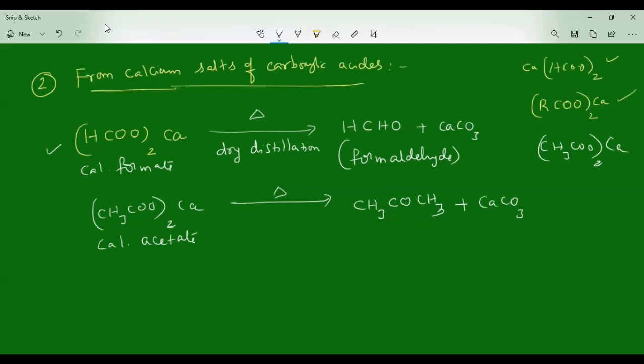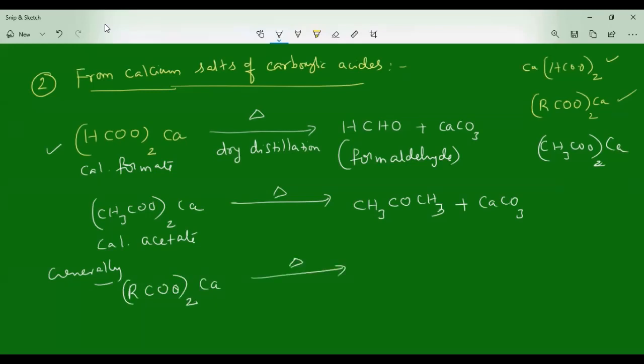So this is the calcium salt of another carboxylic acid. Here the other carboxylic acid I have taken is acetic acid, so its salt is calcium acetate. Generally we represent this equation as the calcium salt of another carboxylic acid, (RCOO)2Ca.